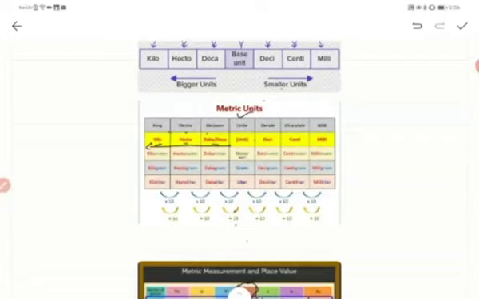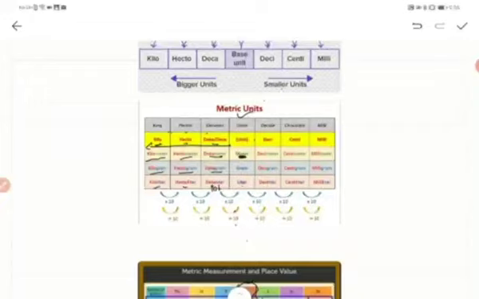So if the basic unit is meter, we have decameter, hectometer, and kilometer. If the basic unit is gram, we have decagram, hectogram, kilogram. For liters, decaliters, hectoliters, kiloliters. So 1 decaliter is how much?